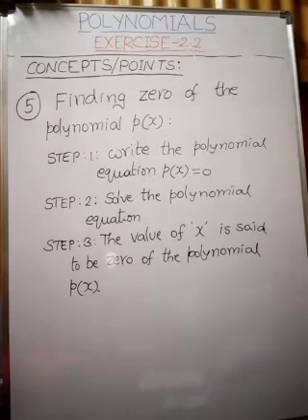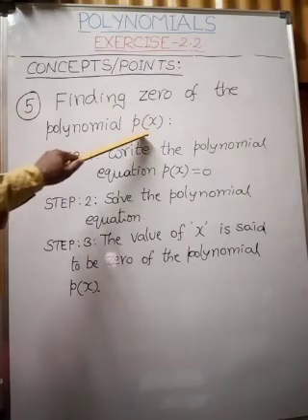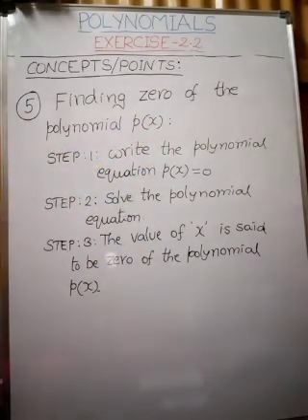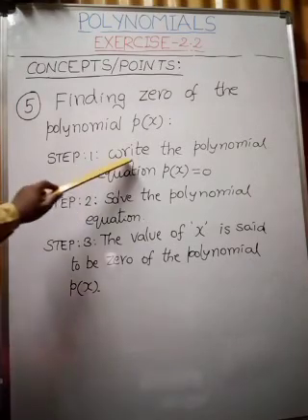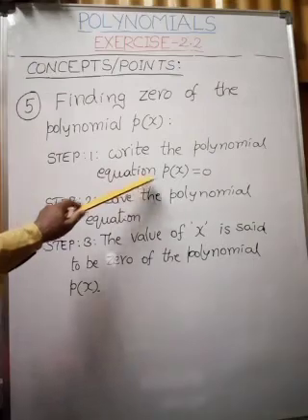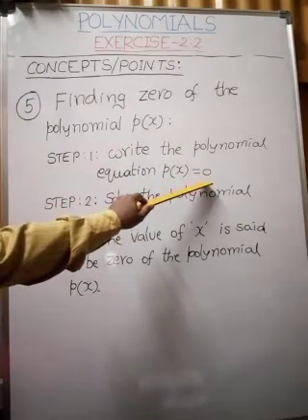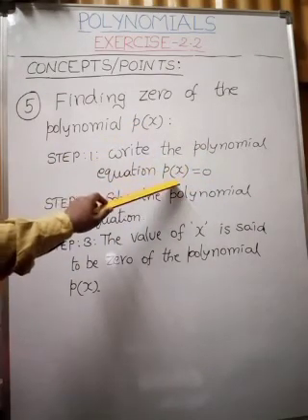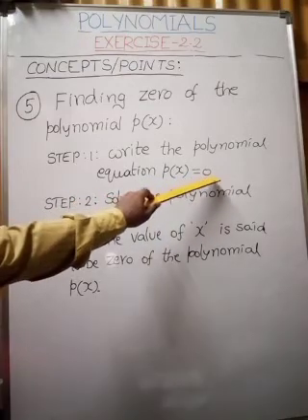In problems, they will give a polynomial in x like this, p of x. To find zero of the given polynomial p of x, step 1, write the polynomial equation p of x is equal to 0. Means we have to write the given polynomial is equal to 0.